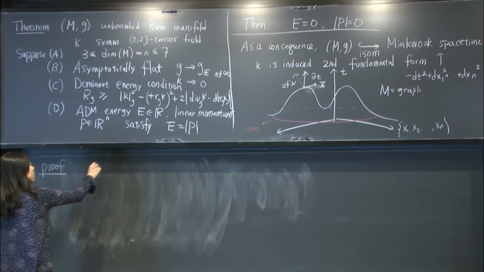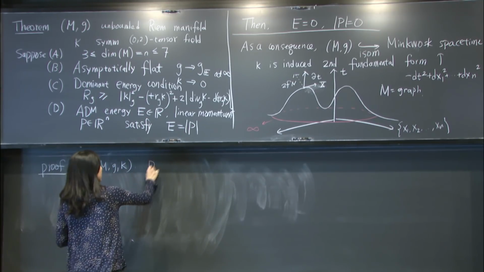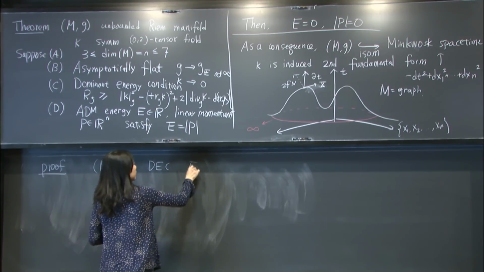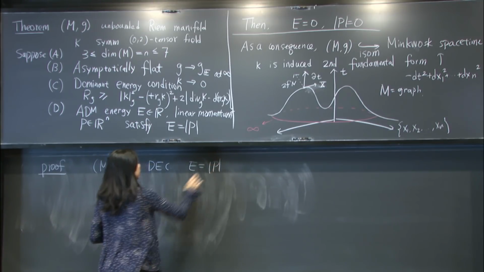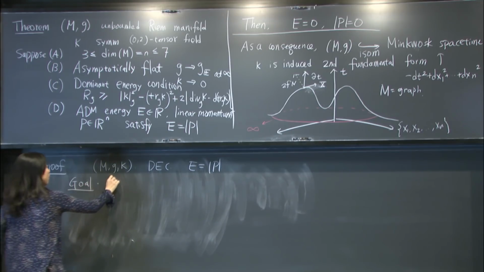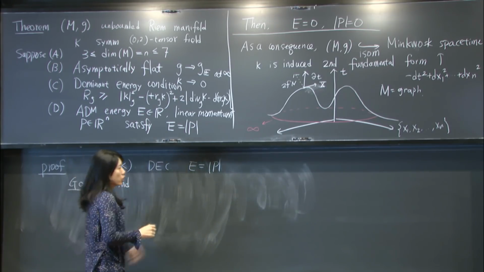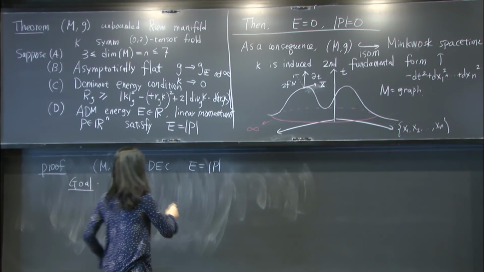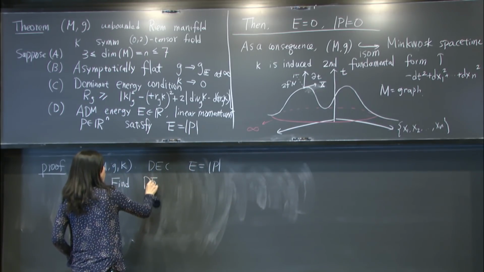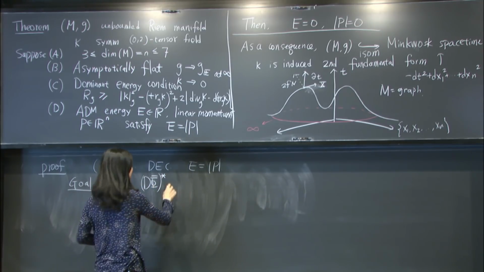So again, we begin with one initial data set with equality. The goal is to find a kernel element, not just by the general deformation argument, but moreover, we want to be able to prescribe how it behaves at infinity.